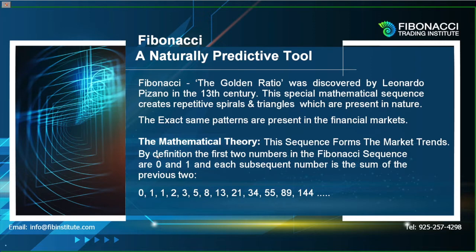It is that simple. And if you start adding 0 to 1, which creates 2, 2 to 3, which creates 5, this is the Fibonacci spiral, which creates market trends, which creates spirals in everything that surrounds us. And this is what markets are all about.